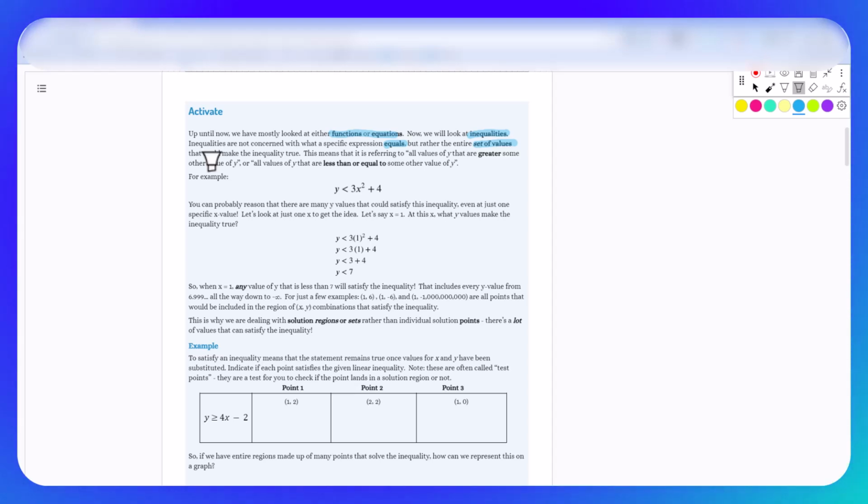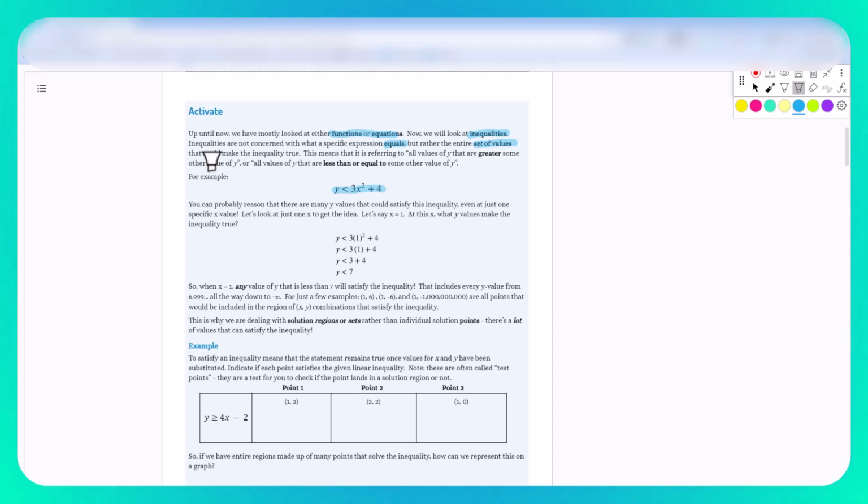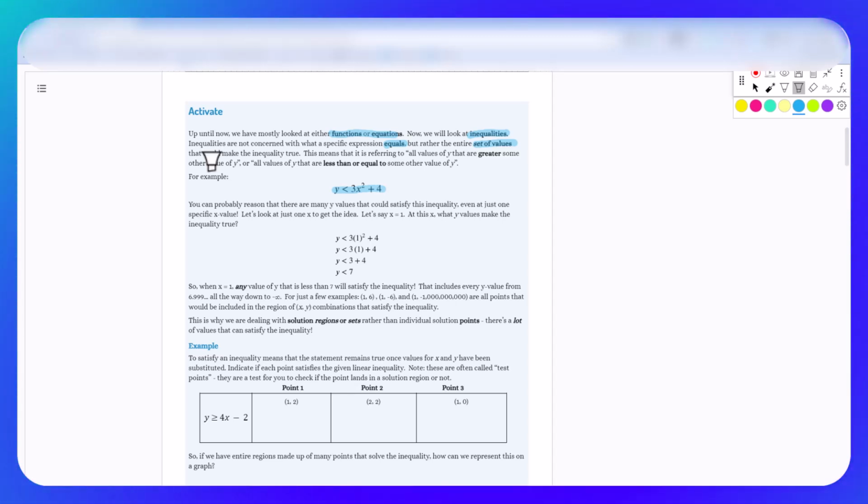For instance, if y is less than 3x squared plus 4, you can probably reason that there are many values of y that satisfy this inequality, even at just one specific value of x.